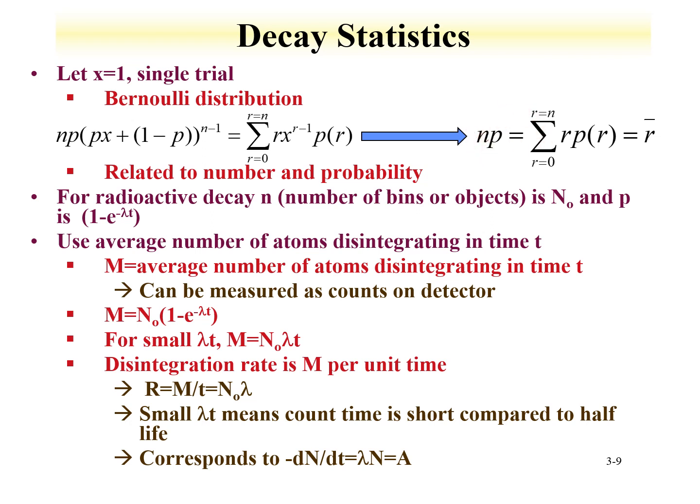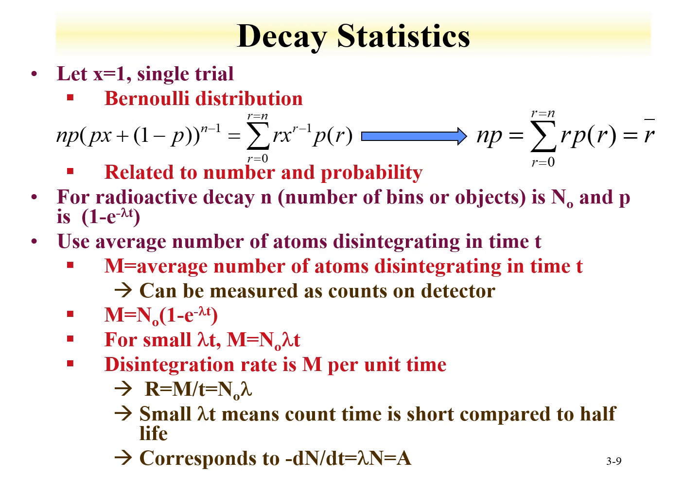For radioactive decay, the n, number of bins or objects, is the initial amount, and p, this probability, is 1 minus e to the minus lambda t. So we can use an average number of atoms disintegrating in a given time, where m will be this average number of atoms disintegrating in a time t.